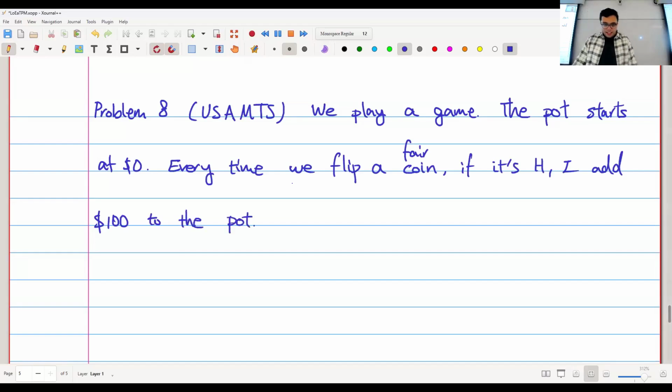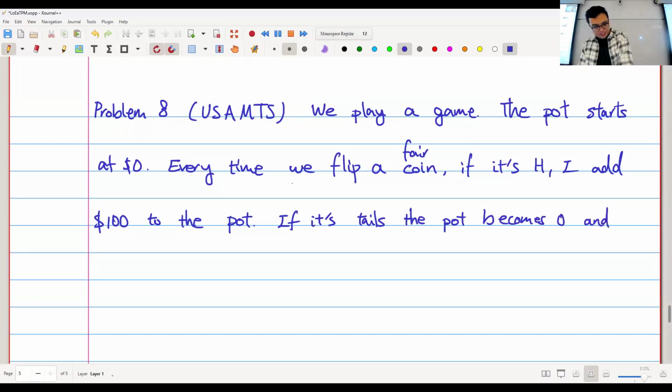If it's tails, I take away everything in the pot. The pot becomes 0, and you get a strike. If you get 3 strikes, you lose, and you will not get any money.